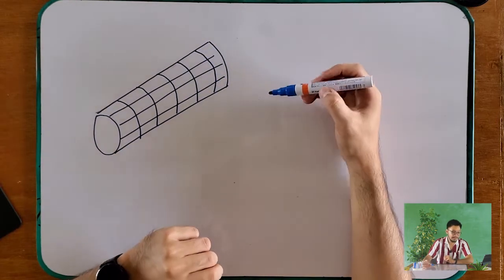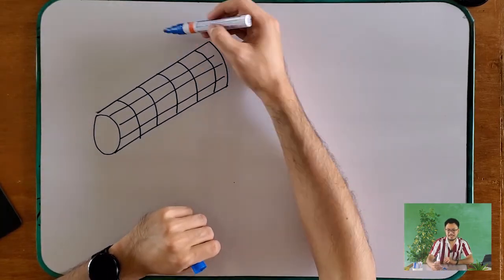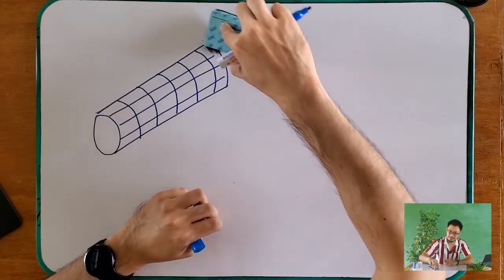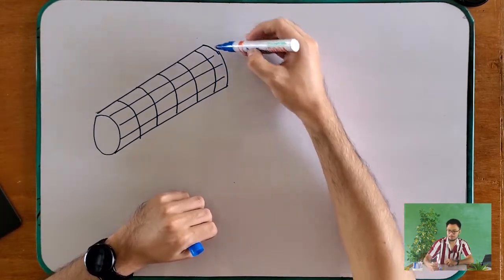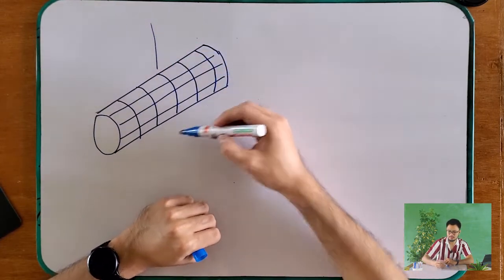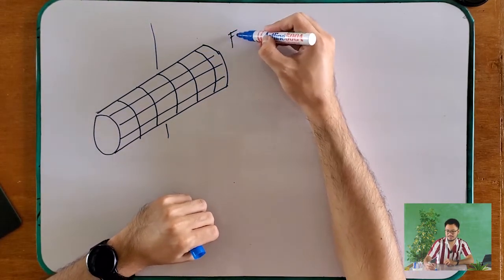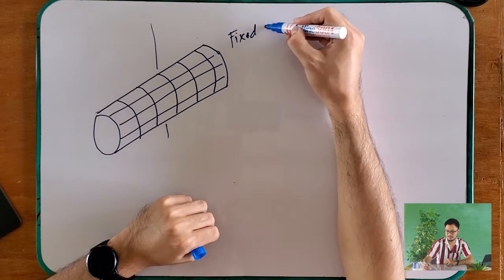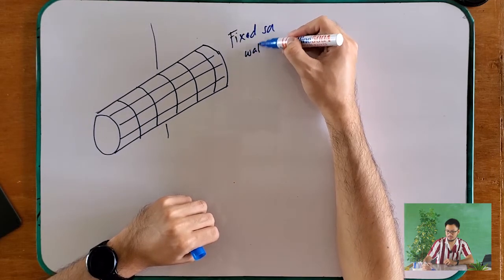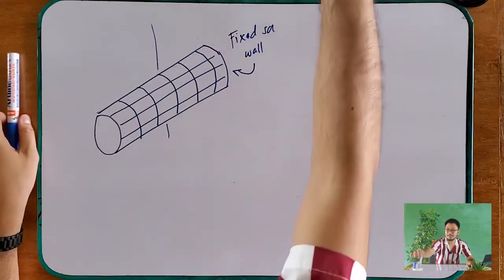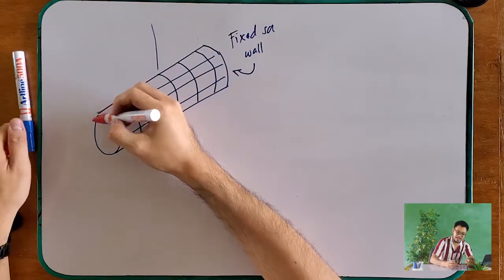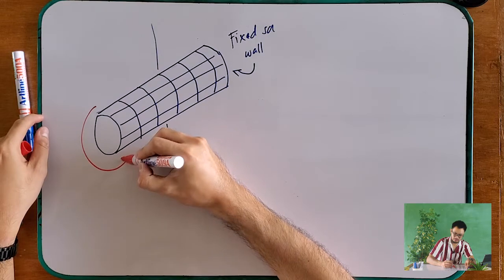Okay, so the rear end of this shaft is fixed on a wall, and this part right here has a torque applied.